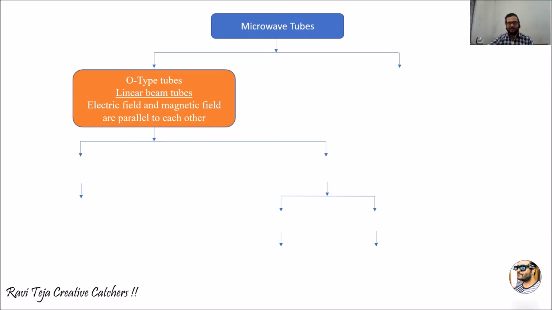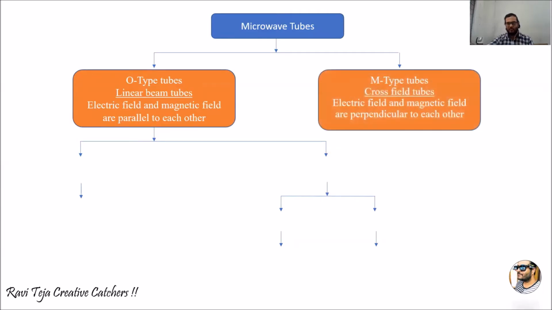The next classification of microwave tubes is M-type tubes. The first one was the O-type tubes, called linear beam tubes, where electric field and magnetic field are parallel to each other. The next tubes are called M-type tubes. They are also considered cross-field tubes.